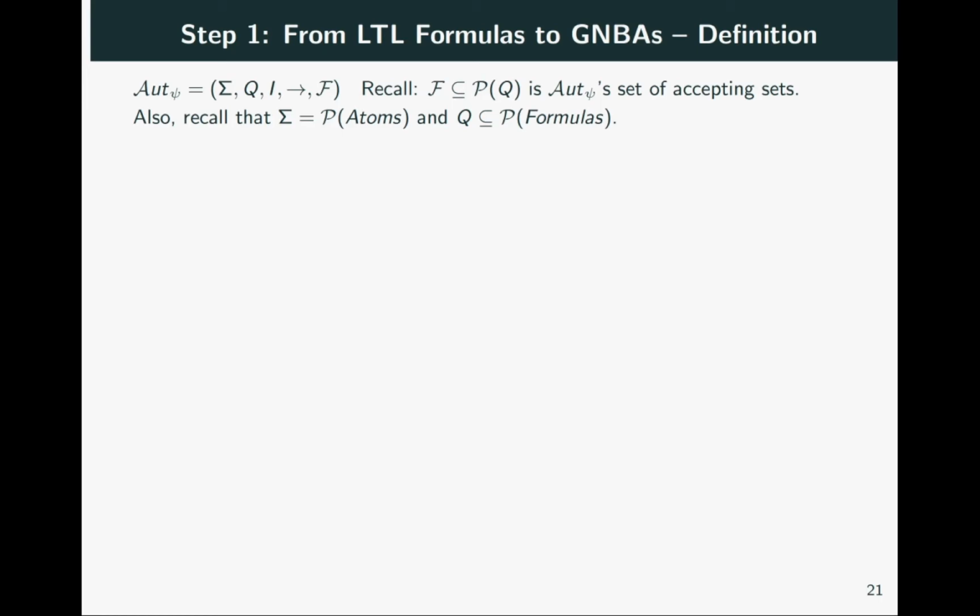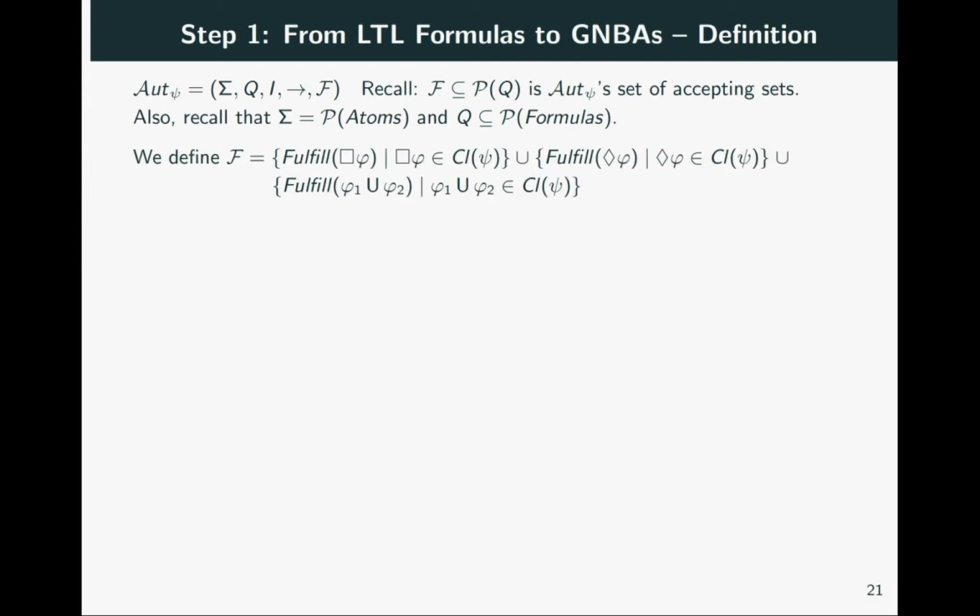Okay, we have one more component to define, namely calligraphic F, the set of accepting sets. This will consist of one accepting set for each formula in the closure of psi, which is either an always formula, that is a formula having always as the top connective, or an eventually formula, or an until formula.